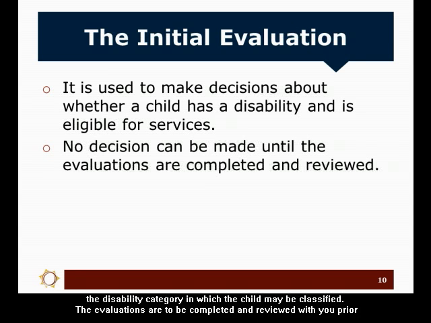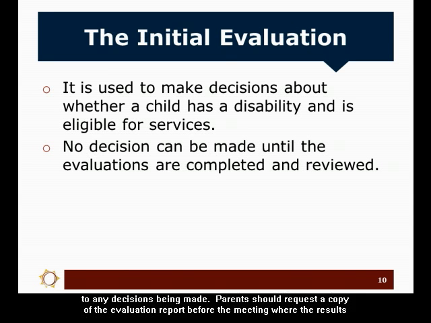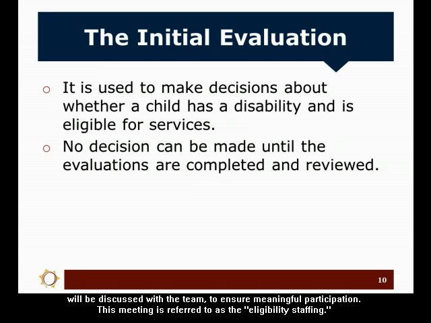The evaluations are to be completed and reviewed with you prior to any decisions being made. Parents should request a copy of the evaluation report before the meeting where the results will be discussed with the team to ensure meaningful participation. This meeting is referred to as the eligibility staffing.